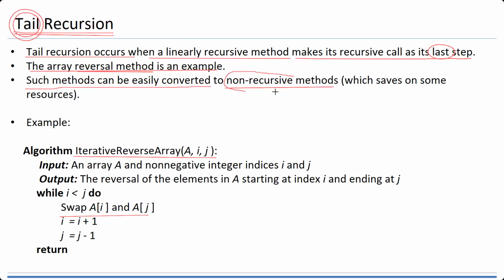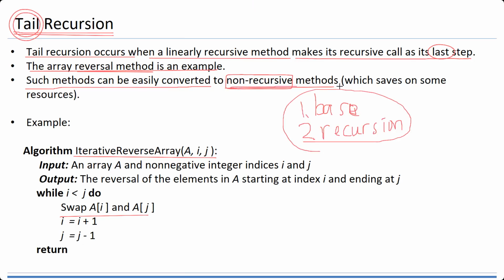What does it mean, non-recursive methods? If we use recursive methods, we have at least two kinds of content. First is the base, and the other is the recursion itself. So at least we have the base and the recursion, and we call this the recursion.